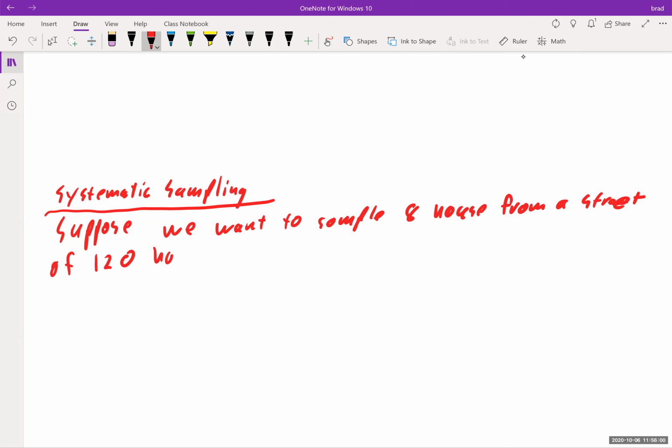Okay, houses. So what I'm going to do is I'm going to do 120 divided by 8, and I'm going to get 15.